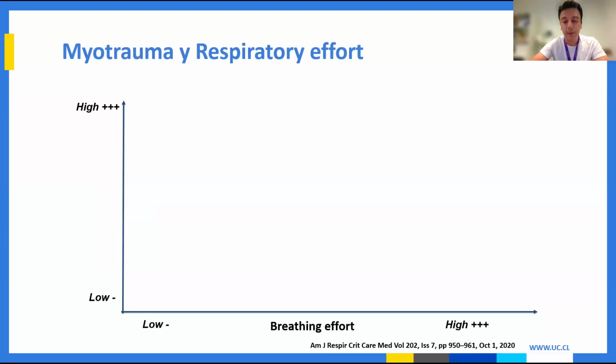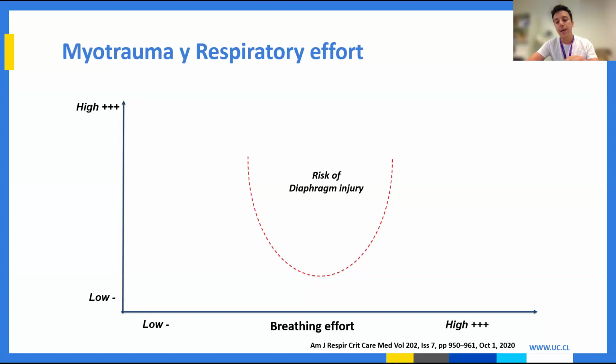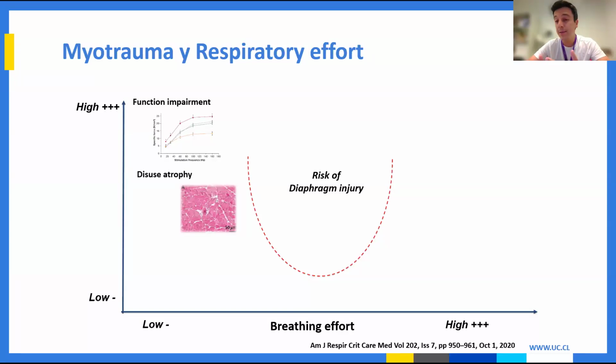So if you want to plot how myotrauma is related to respiratory effort, you will have this kind of graph where the risk of diaphragm injury has a U shape. If you have a very low breathing effort, you will have function impairment, you may have disuse atrophy, and there is also some clinical data that you can have a longer duration of mechanical ventilation.